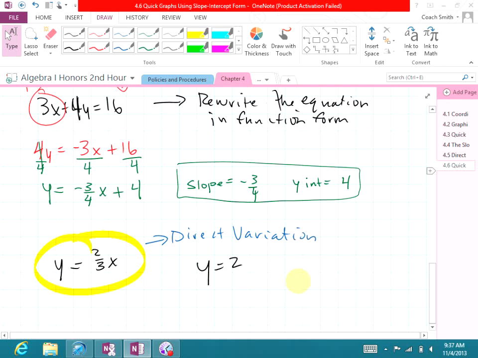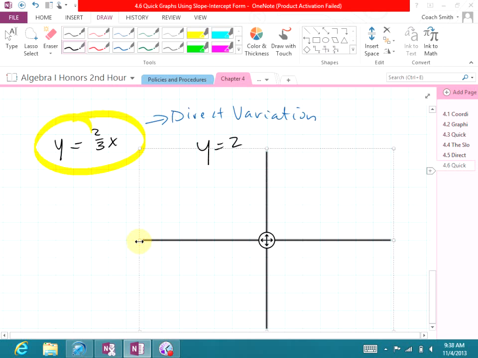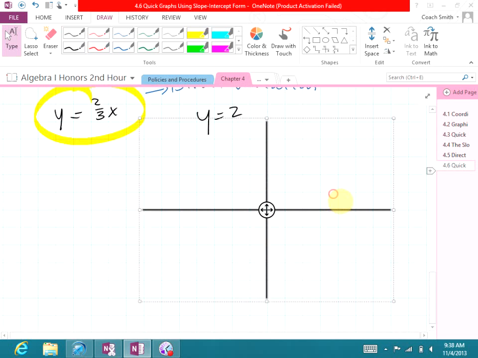So, if I told you to graph y equal 2/3 x, well, we said that if it's a direct variation, it doesn't have the b.